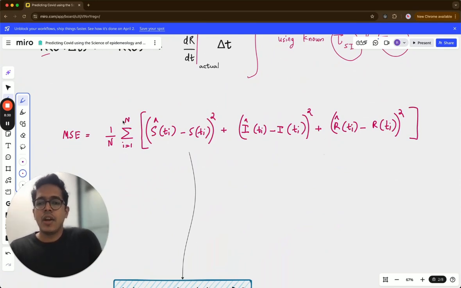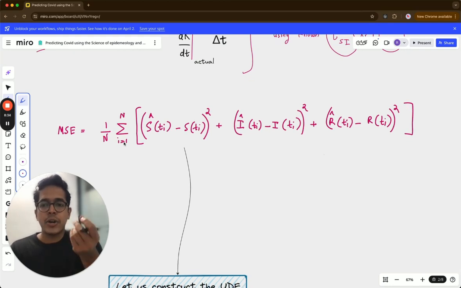So here the loss term that we are defining, which is a measure of how bad your neural network predictions are, we use something called mean squared error. One way to define the mean squared error here is, if you have n time points, i equal to 1 to n, you do 1 by n times sigma i equal to 1 to n, S cap minus S at time point ti, the whole square. This is an error, right?